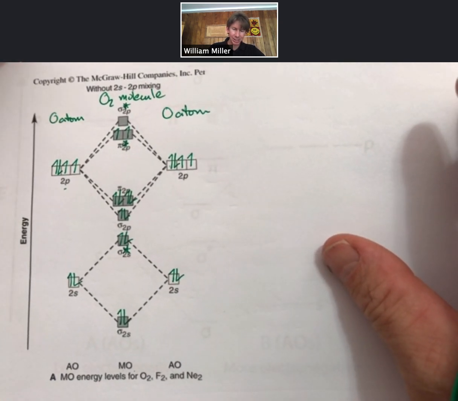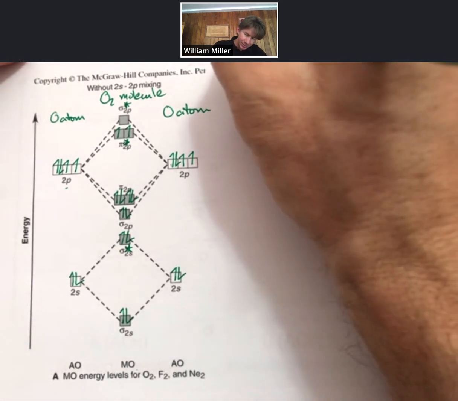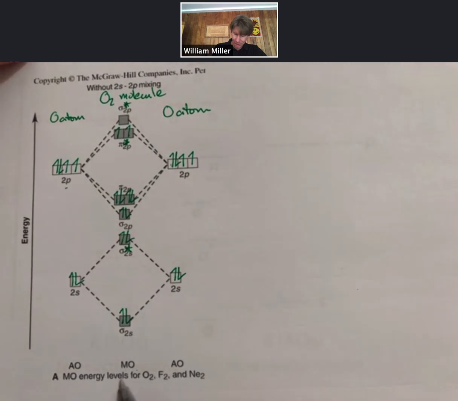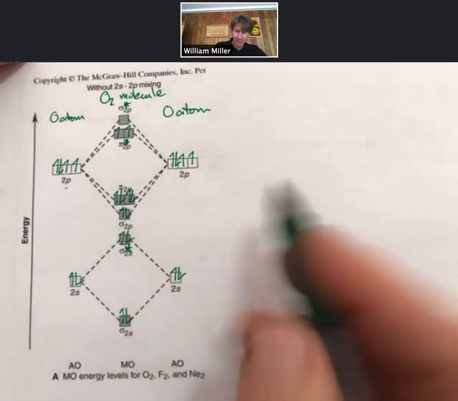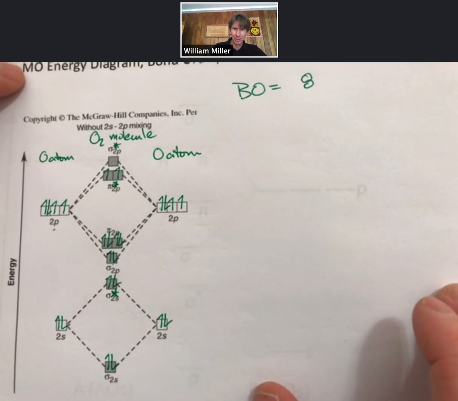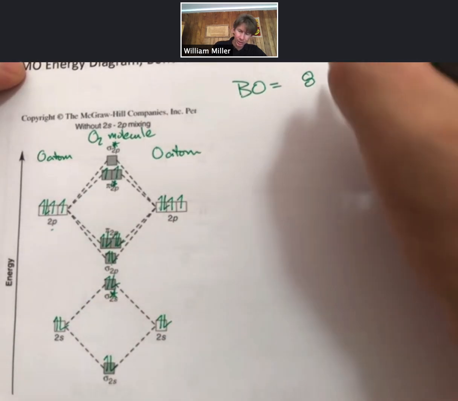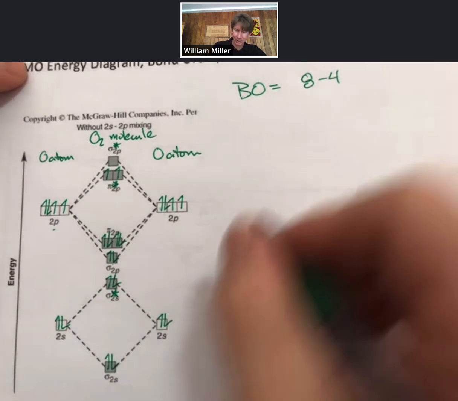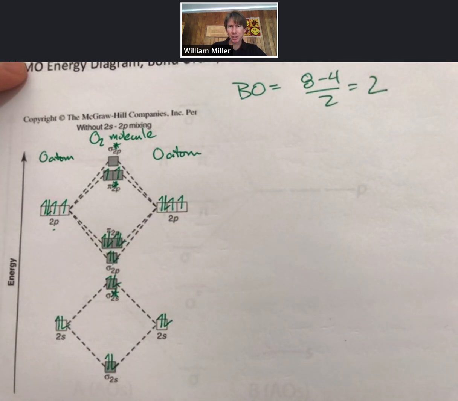The top of the page says do an MO energy diagram, then do bond order. Bond order here: notice that there are 2, 4, 6, 8 bonding electrons. There are 1, 2, 3, 4 anti-bonding electrons. Divide that by 2, and you get a bond order of 2.